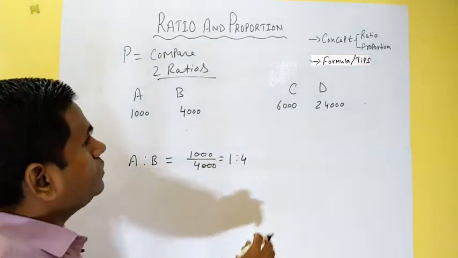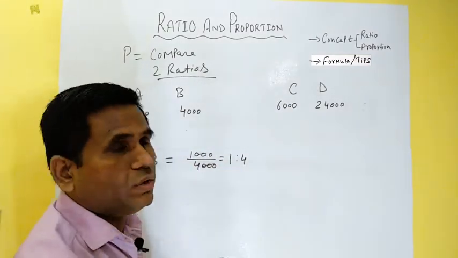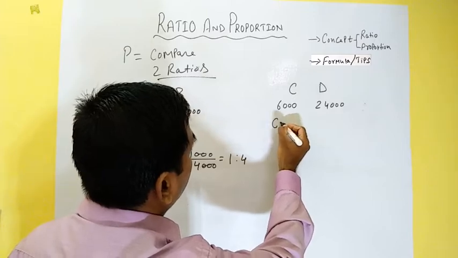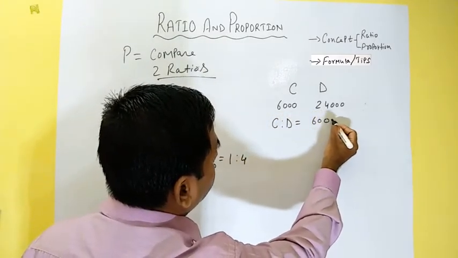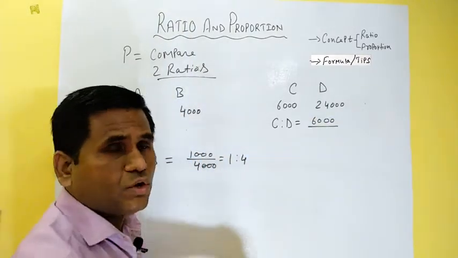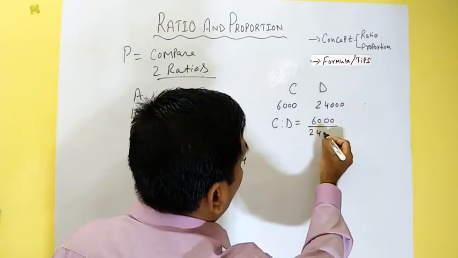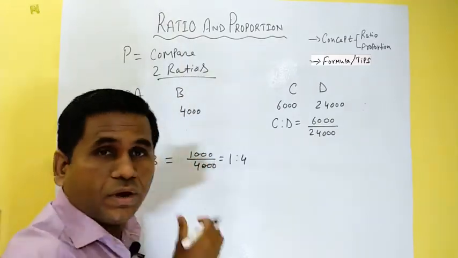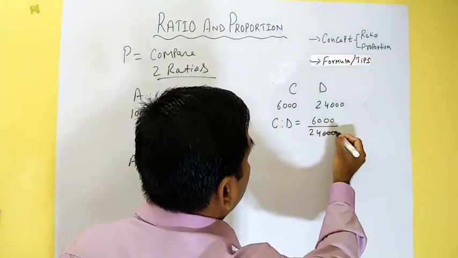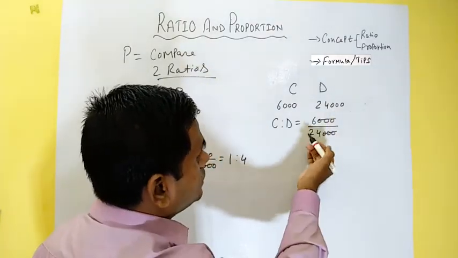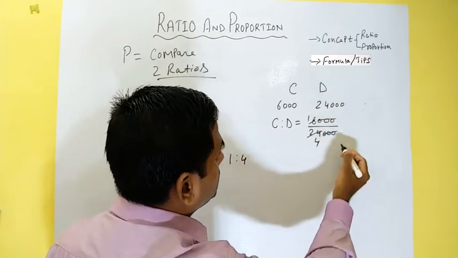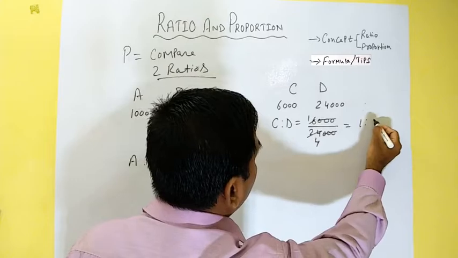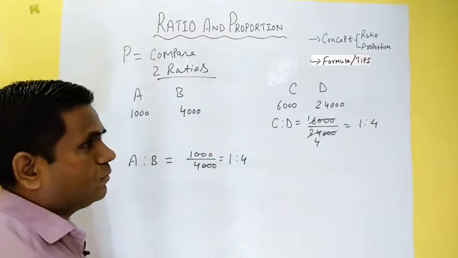Similarly, if you have to find the ratio of C and D, C is to D is equal to 6000 upon 24,000. Now let us cancel these three zeros, and then with 6 we can cancel: 6 4s are 24, 6 1s are 6. So finally we get 1:4 or 1/4.